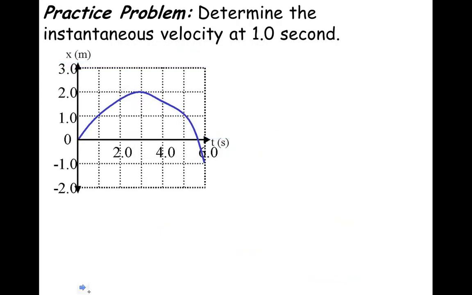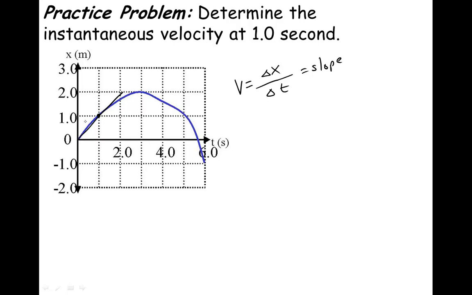So again, there's some estimating with this. If we wanted to find the instantaneous velocity at 1 second, that would be right about there. So to find that slope, I would draw a line that would just go straight through it like that. It's not a perfect tangent line, but you get the idea. So the velocity, like we said, is the change in position over the change in time, which is essentially the slope.